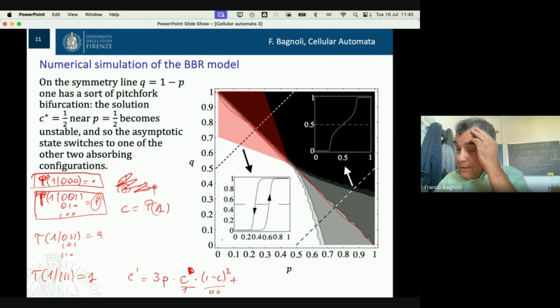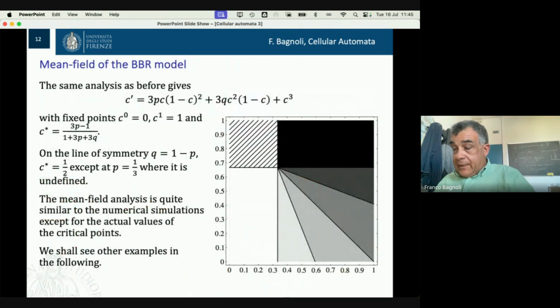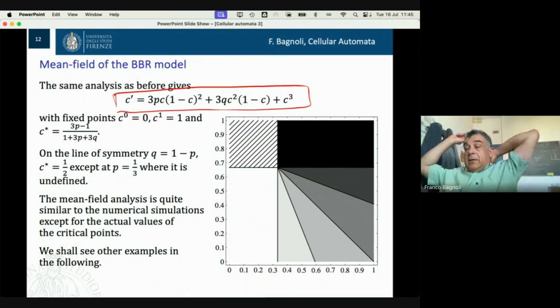Times 3 times q c square (1 minus c), so this is 1 and this is 0, plus c cube. So again, this is the mean field equation. As before, the fixed points are the possible asymptotic solutions.